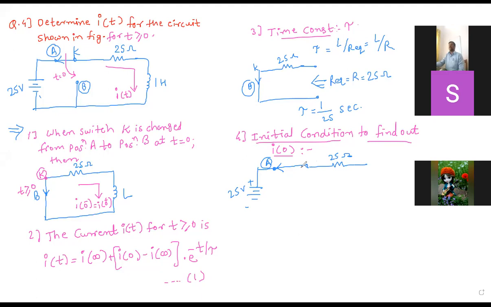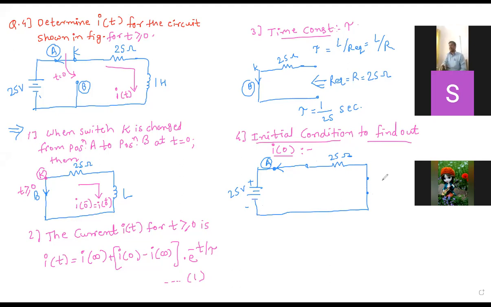Now when the switch was at position A for a long time, at that point the inductor will act as a short circuit. The switch was on A for a long time, which means the 25 volt was connected. When a constant source is connected to an inductor, after some time the constant current will flow and the inductor will act as a short circuit.